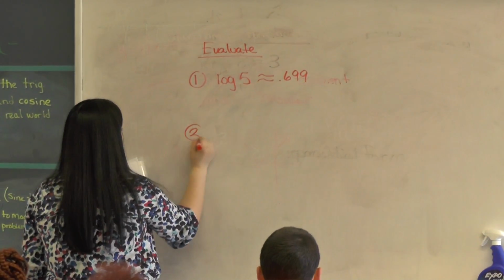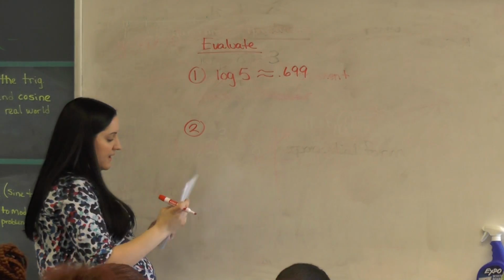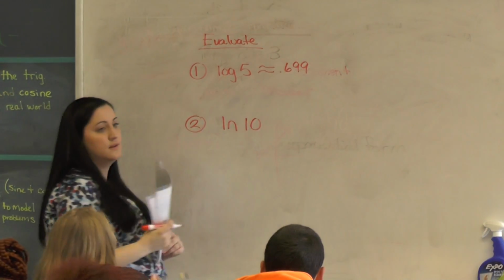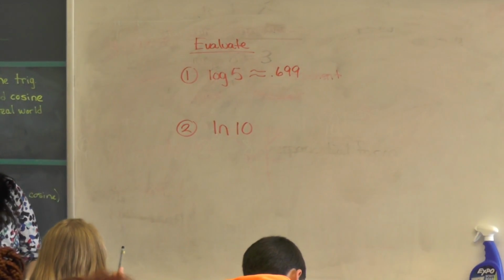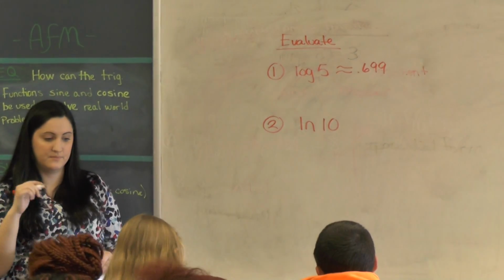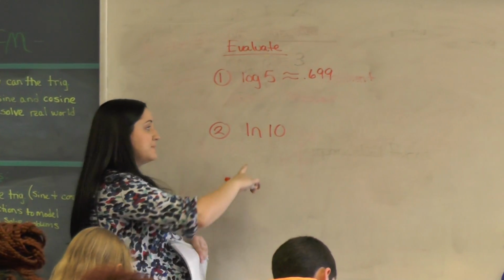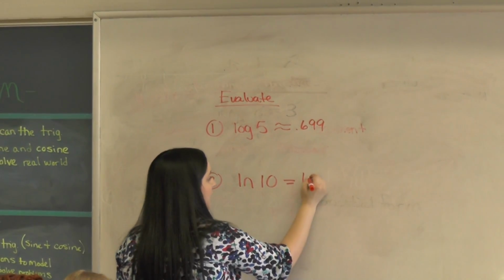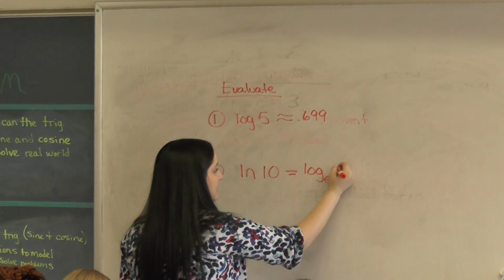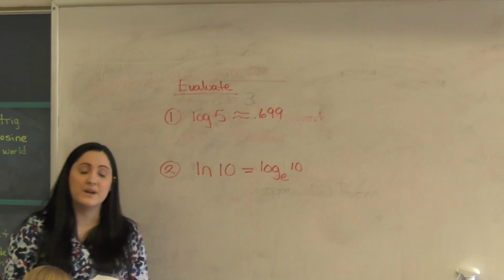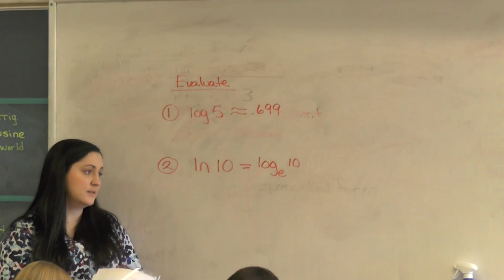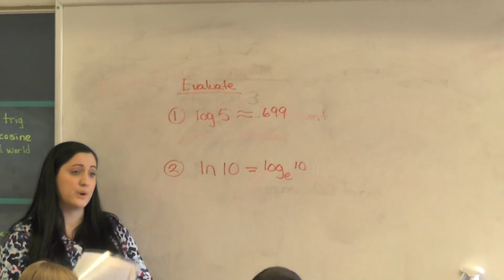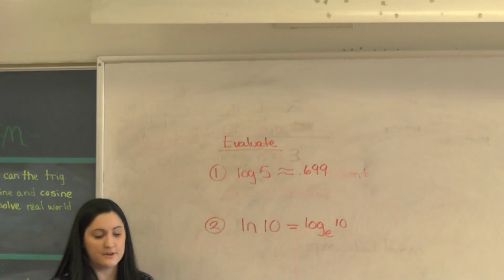Okay. Right? Sometimes you'll see this. You'll see ln of 10. Okay, sometimes you'll see ln of 10. Okay, ln of 10 is the same thing as log base e of 10. Okay, where e is the exponential e, or Euler's number. Right, it's a number just like pi. You know, pi is 3.14, and it goes on forever.